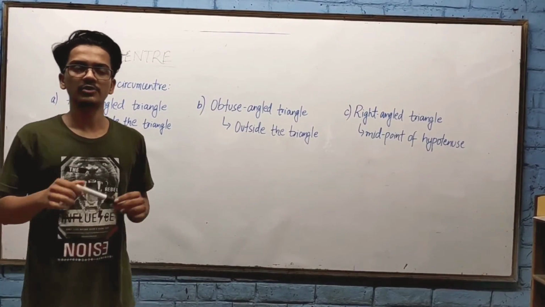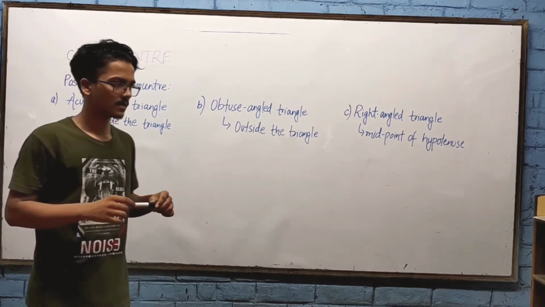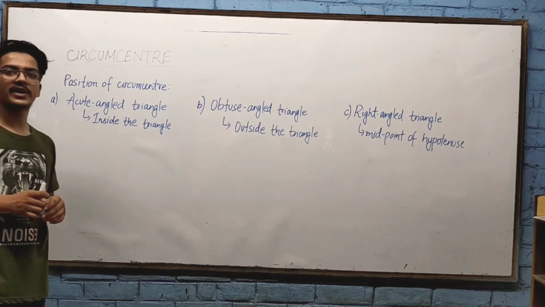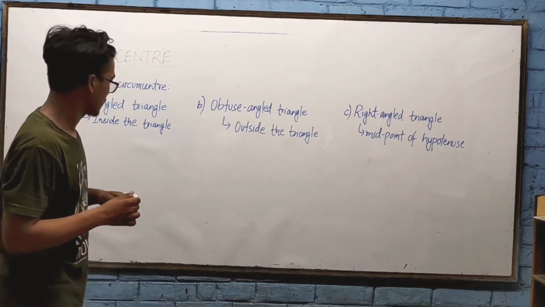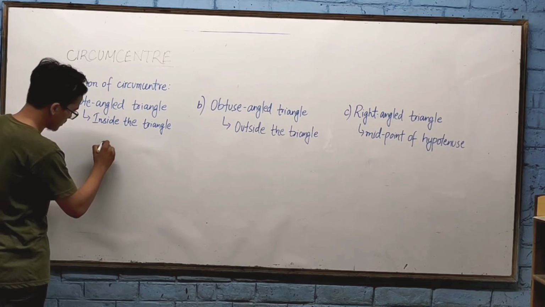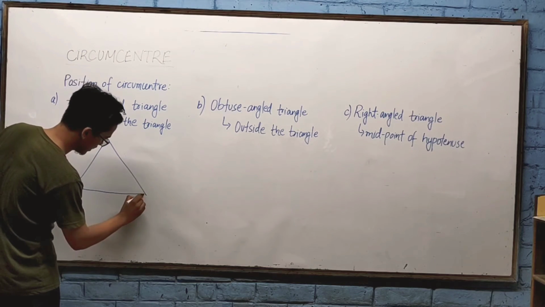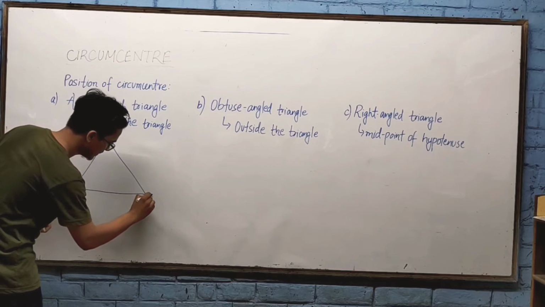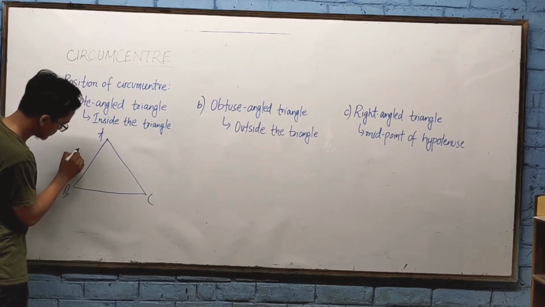Let's talk about the position of circumcenter in different types of triangles. For an acute angle triangle, the circumcenter always lies inside the triangle. This is an acute angle triangle ABC.